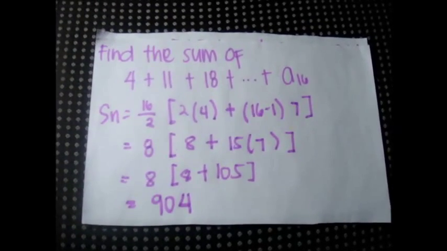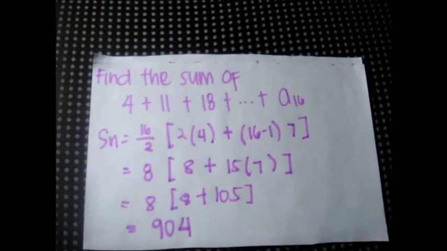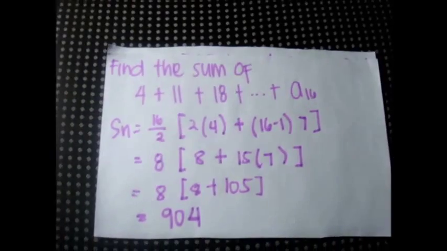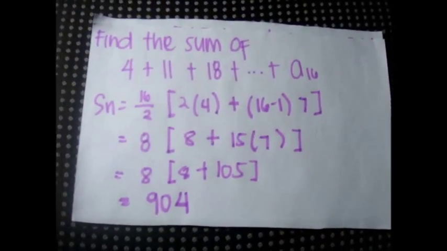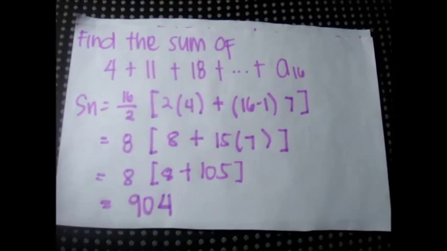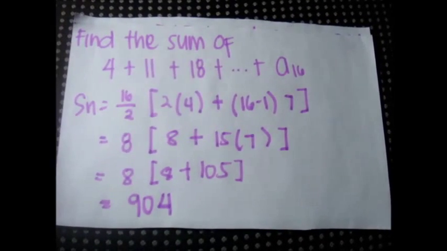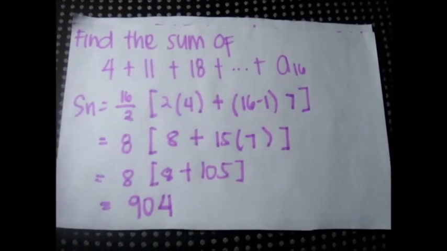Substituting the values, we will get S sub n is equal to 16 over 2 multiplied to 2 times the first term 4 plus 16 minus 1 multiplied to difference 7.